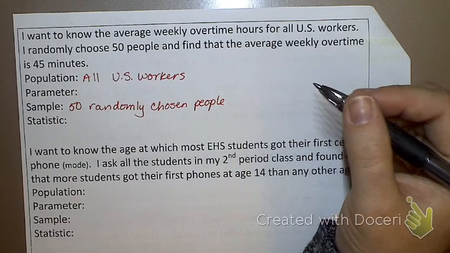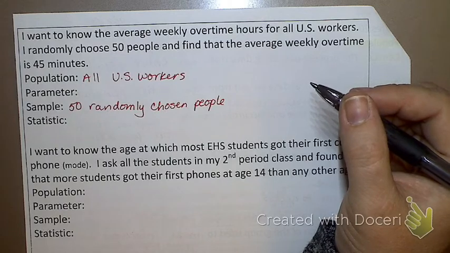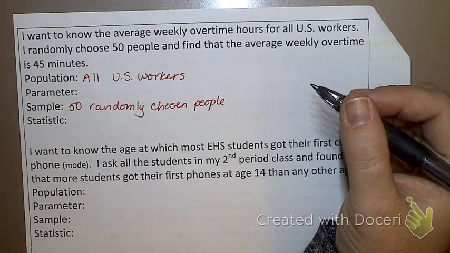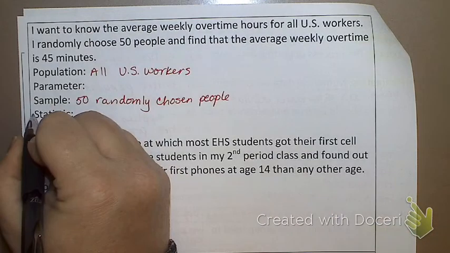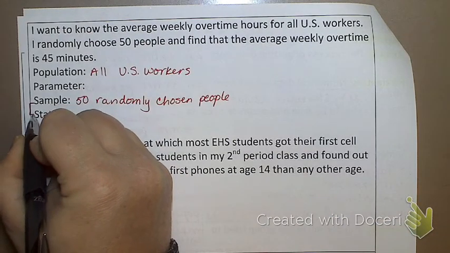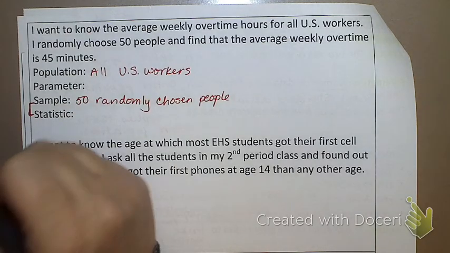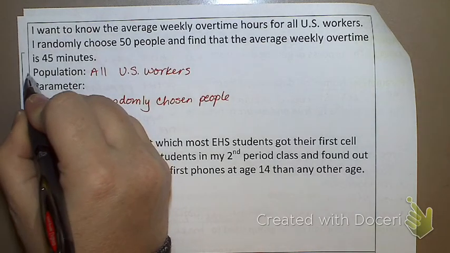All right, so now we have to talk about parameter and statistic. Now, oftentimes, you will have more information about the statistic than you will about the parameter. Statistic always relates to your sample. S goes with S: sample, statistic. Parameter always relates to your population.